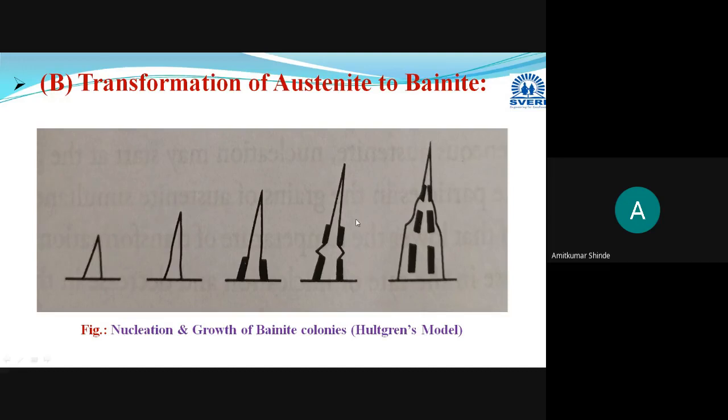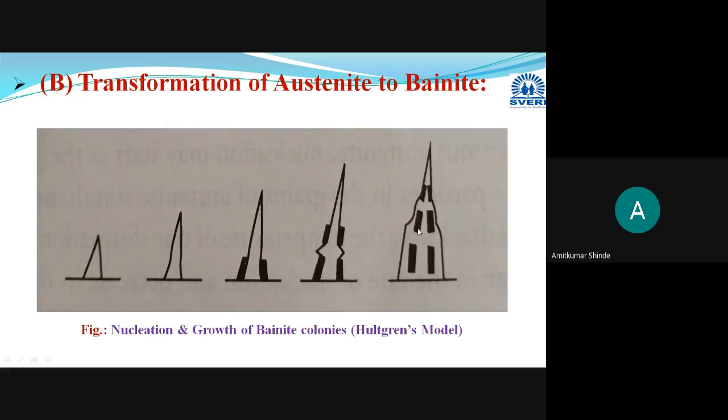In this way you can see the needle-like structure when you observe it under the microscope. A needle-like or feather-like structure will be there, and it consists of ferrite, and this dark portion is the cementite.